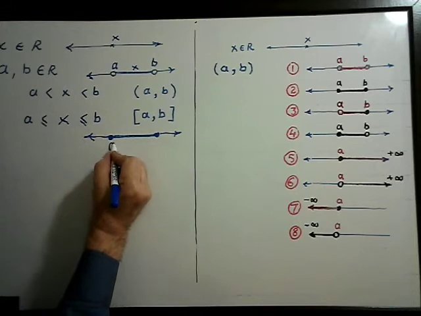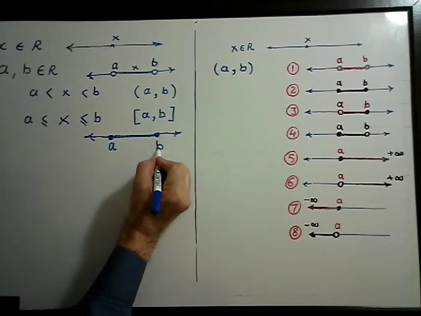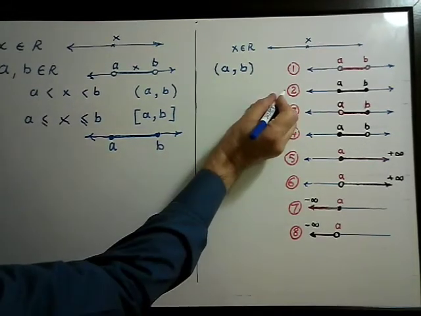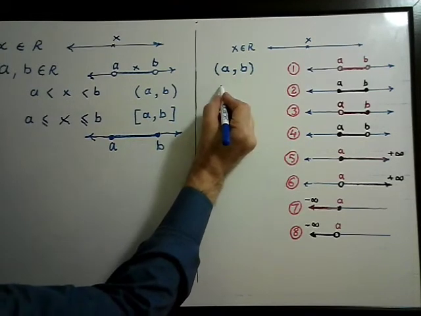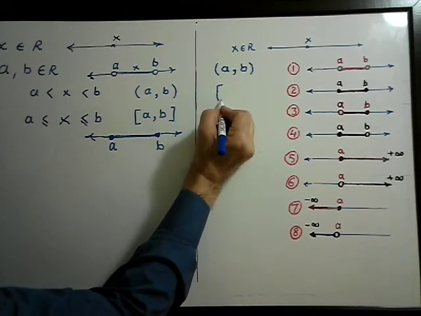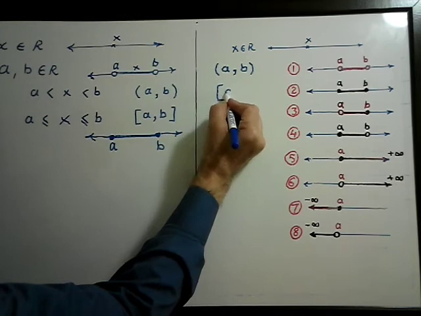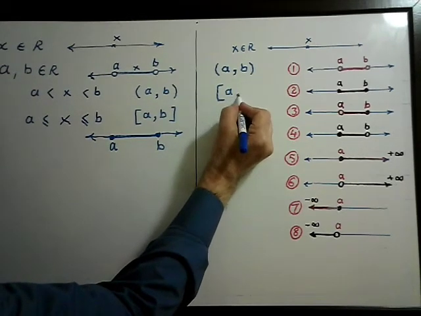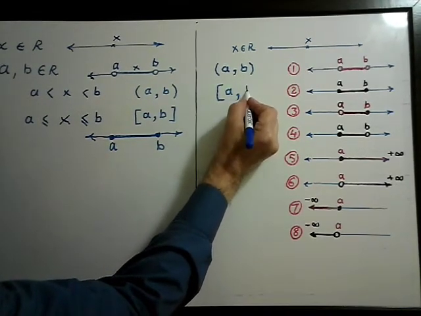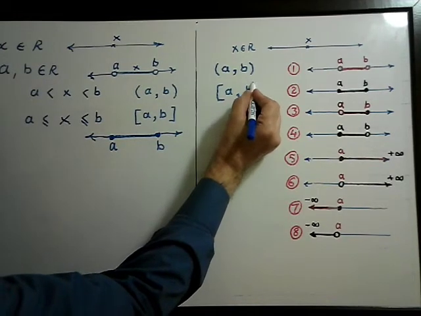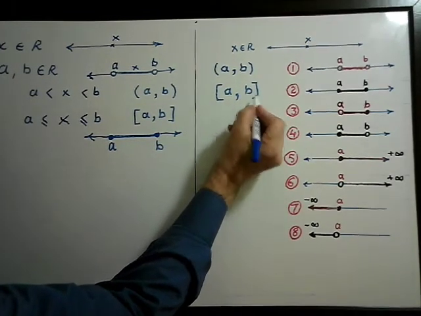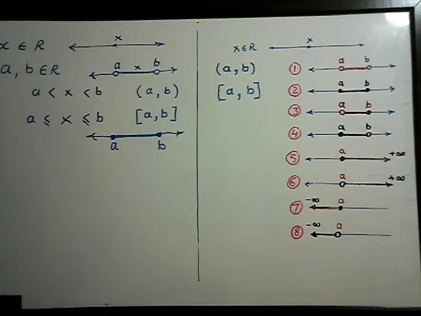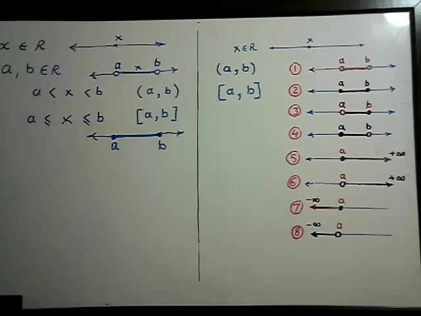Here is a and here is b, which is here in number 2. So number 2 is a closed interval because it means all the numbers starting from a and ending with b, and all the numbers between them.